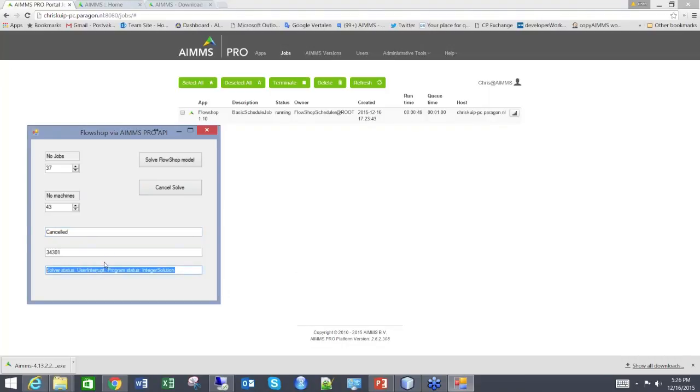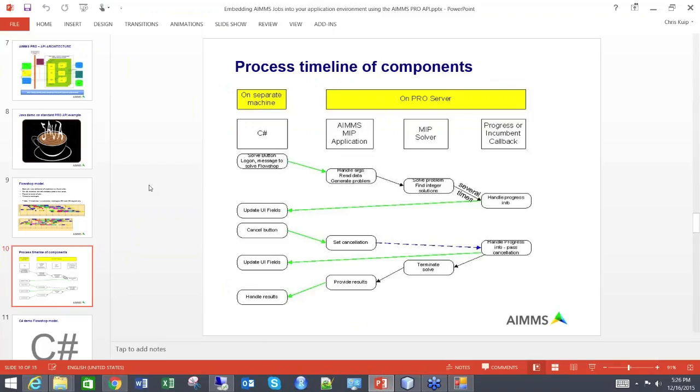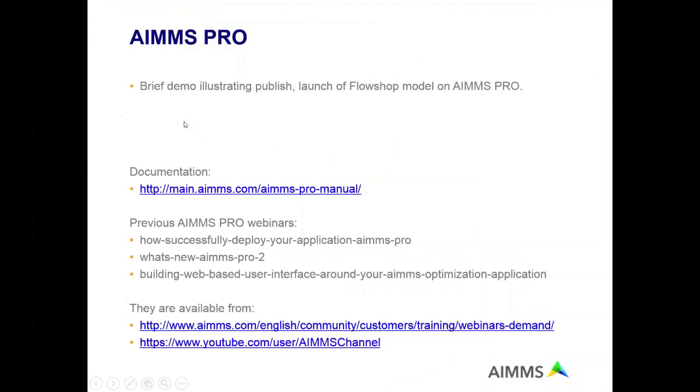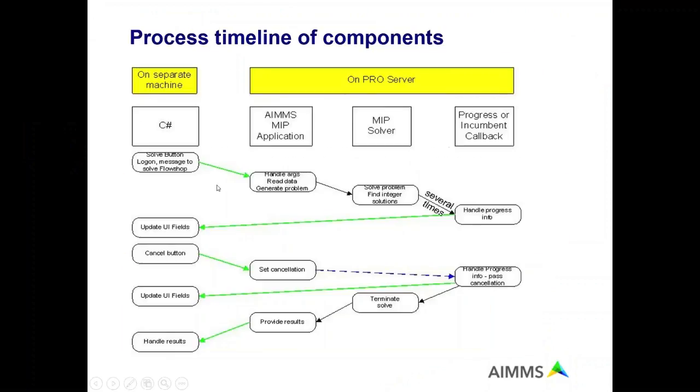So let's take a logical look via our PowerPoint spreadsheet of what happened. First, in the C# program, I started by pressing the solve button, and this invoked a message to my AIMMS MIP application, the flowshop model, and it passed the arguments.